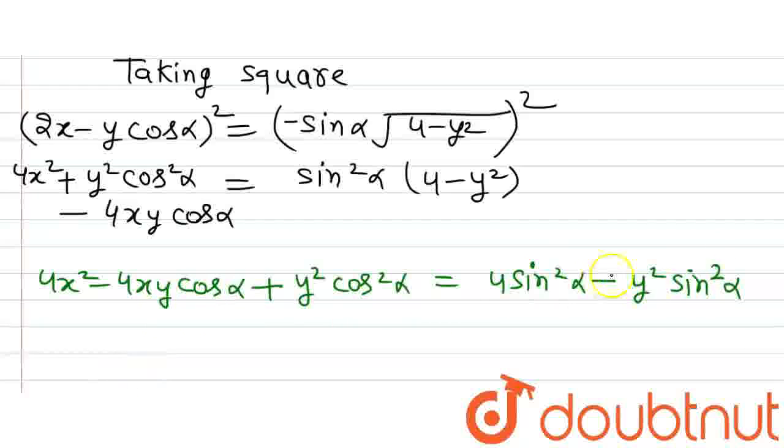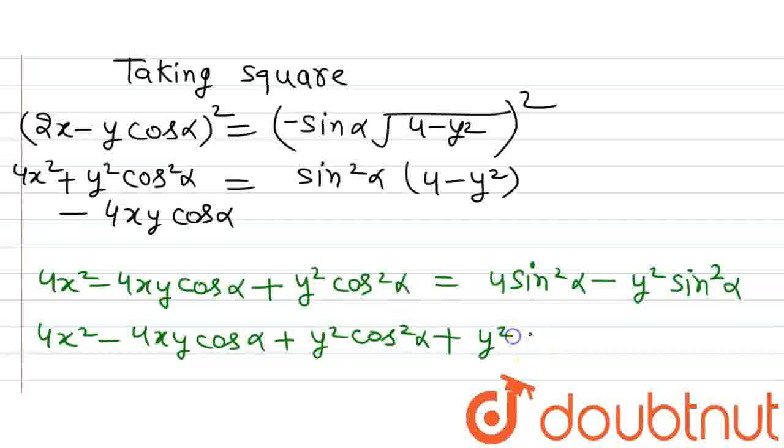Now taking this minus y square sin square alpha to the left hand side, we will get 4x square minus 4xy cos alpha, and when this minus y square sin square alpha goes to the left hand side, we will have plus y square cos square alpha plus y square sin square alpha is equal to 4 sin square alpha.